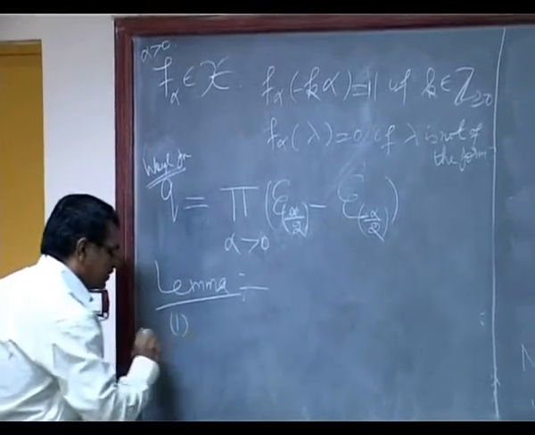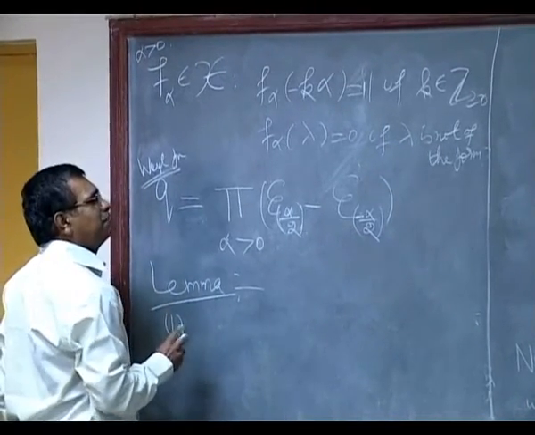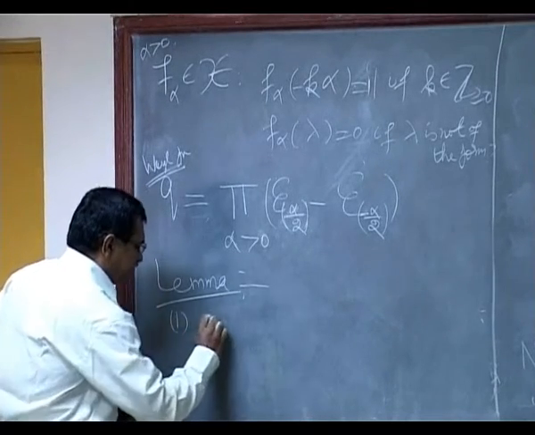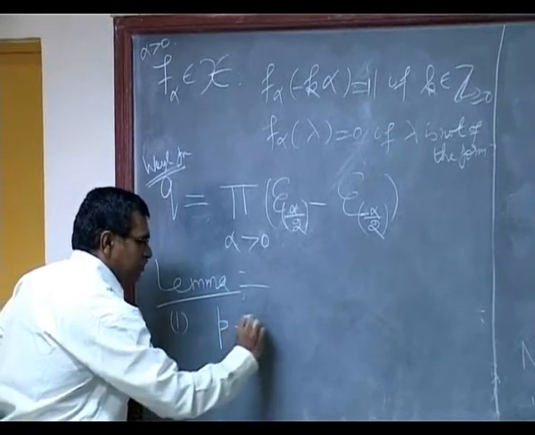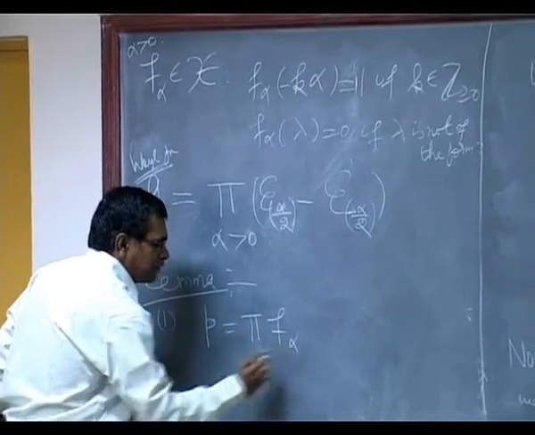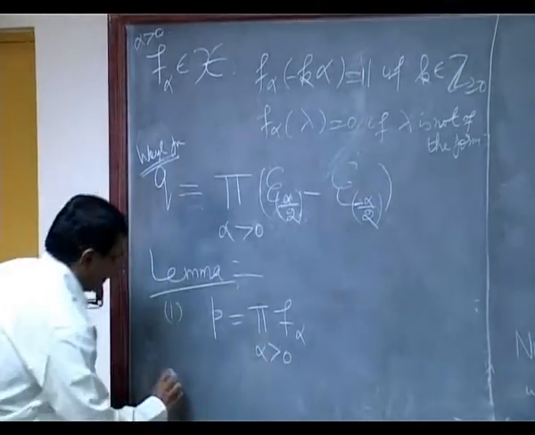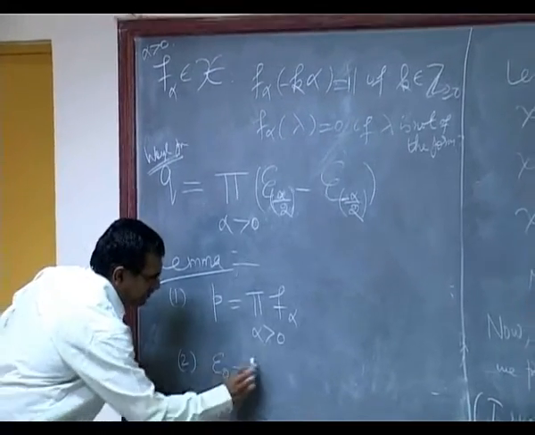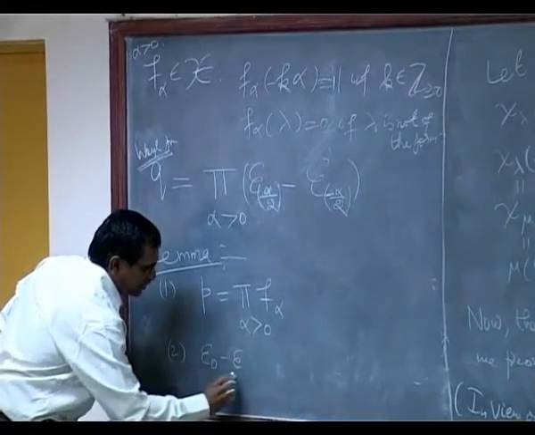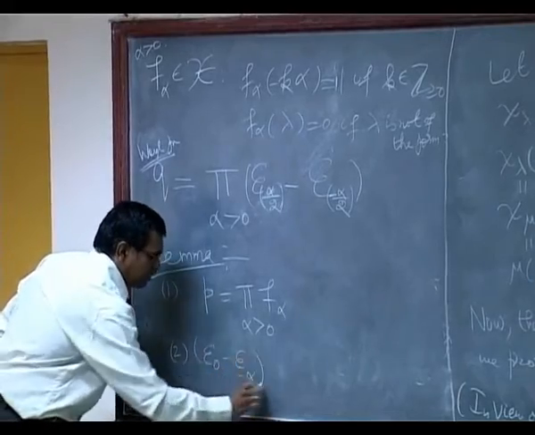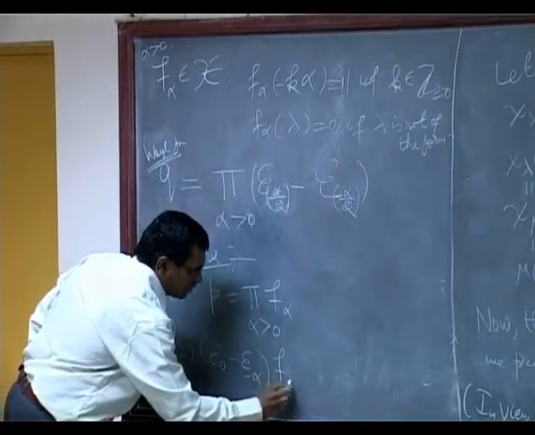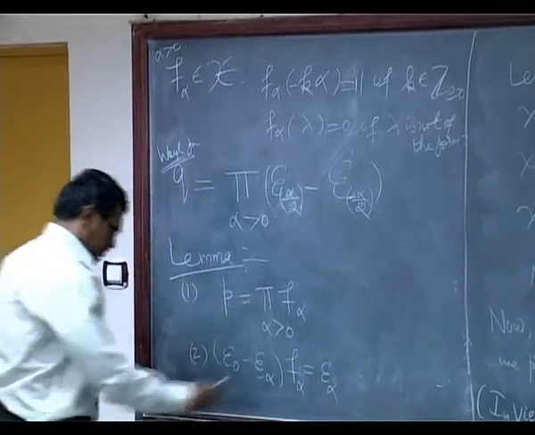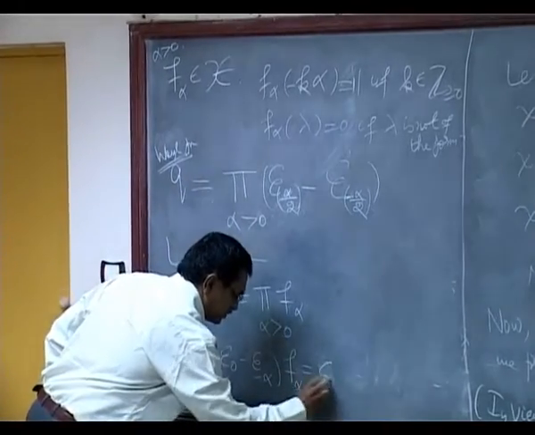The first thing is that P of epsilon 0 minus epsilon minus alpha f alpha is epsilon alpha, is epsilon 0.